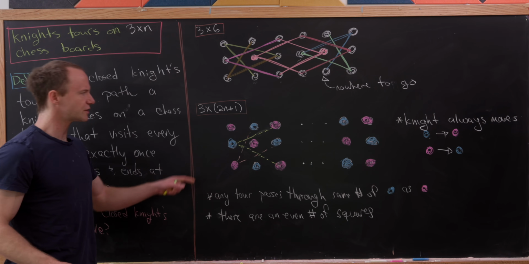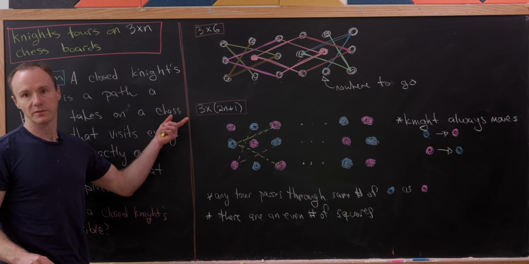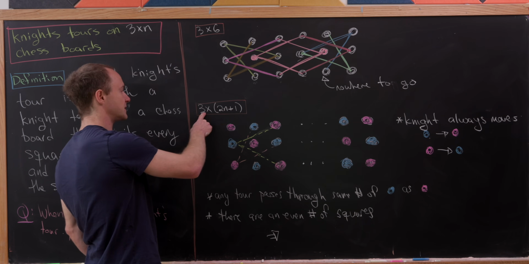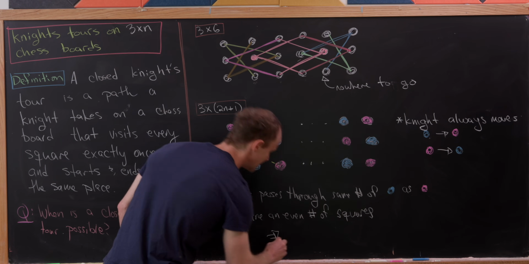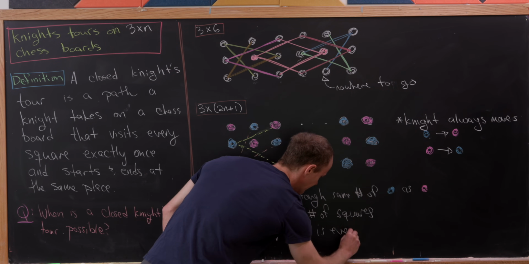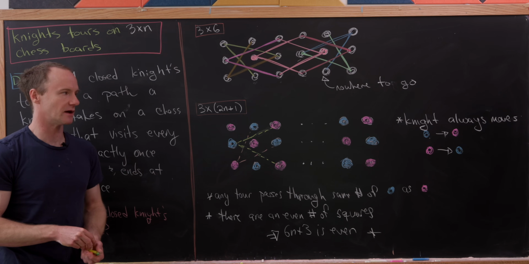But then also, we can count up the number of vertices by this formula right here. So what that tells us is that 3 times (2n+1) is even. In other words, 6n+3 is even. But that's a pretty clear contradiction because that's an odd number.